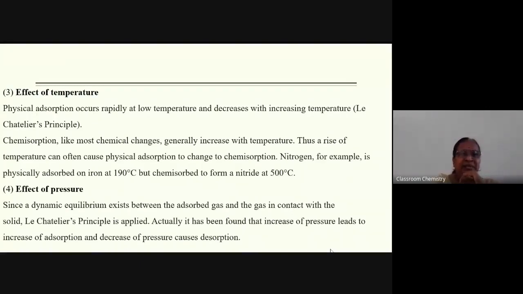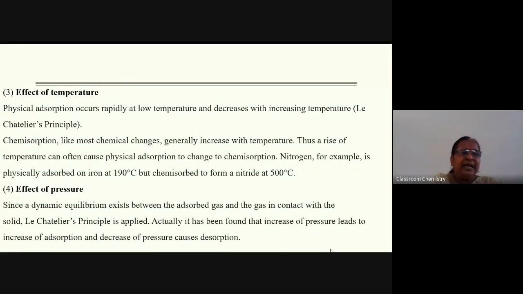In chemisorption, it generally increases with temperature. केमिसॉर्प्शन मध्ये काय होतं, ऍडसॉर्बेट आणि ऍडसॉर्बंट मध्ये केमिकल बॉन्ड फॉर्मेशन होतं, and it increases with the temperature. Thus, a rise in temperature can often cause physical adsorption to change to chemisorption.